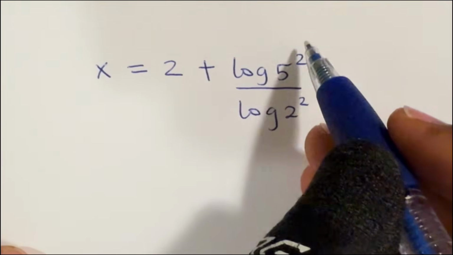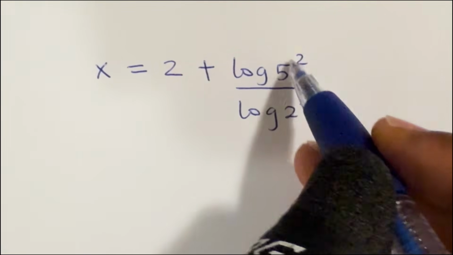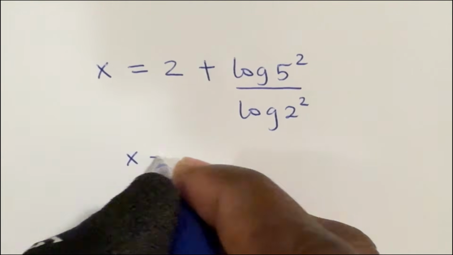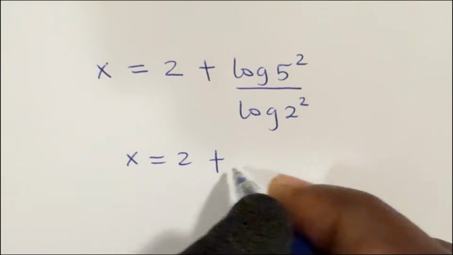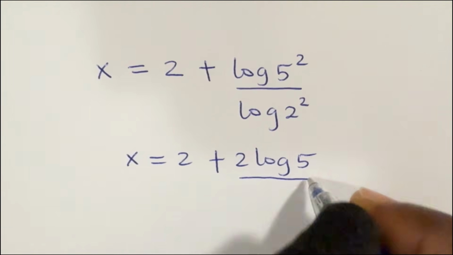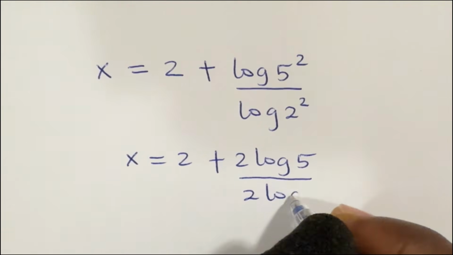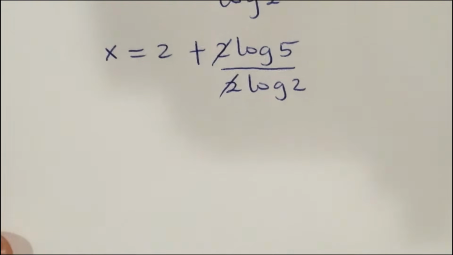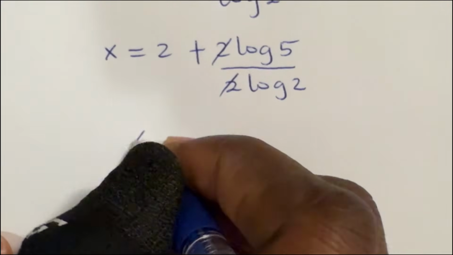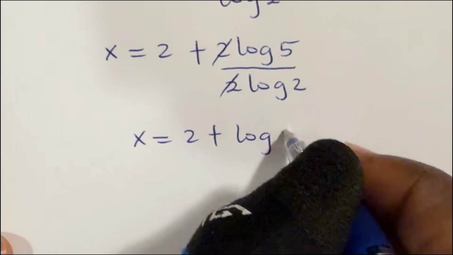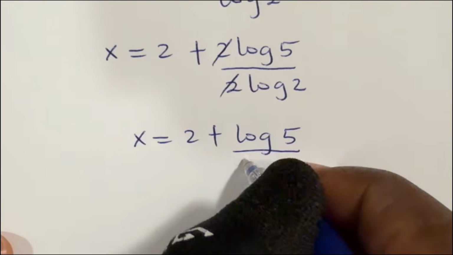Then I can apply the principle we applied earlier with the power, so that x is equal to 2 plus 2 log 5 divided by 2 log 2, and this cancels this, so we are left with x is 2 plus log 5 divided by log 2.